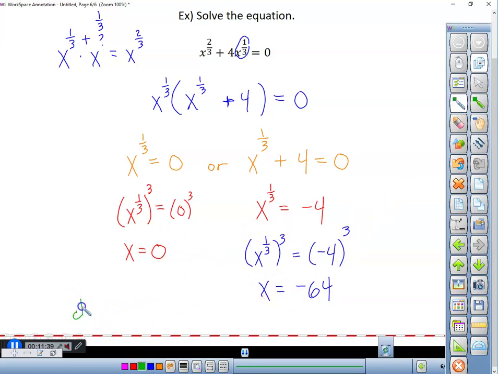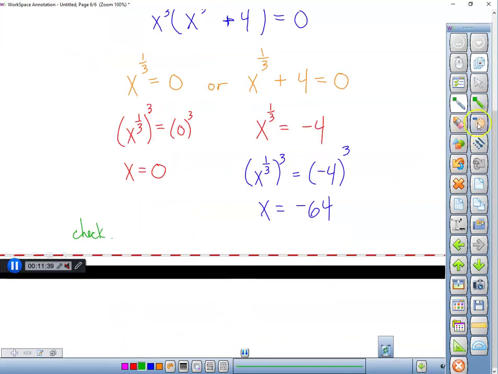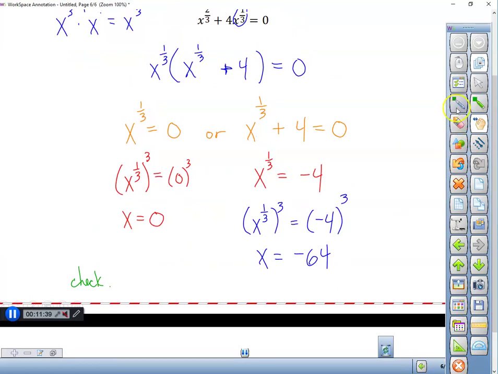So checking 0, I'm going to use my original equation here. 0 to the 2/3 power plus 4 times 0 to the 1/3 power. Does that equal 0? Again, 0 to any power is 0.